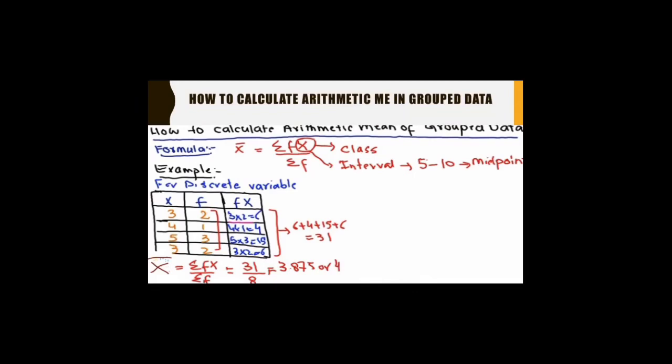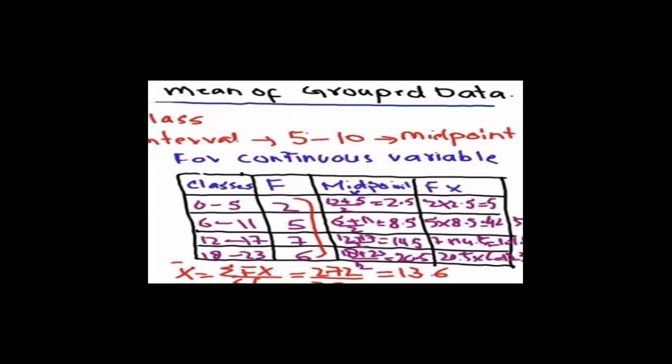Let us take an example. In this example, there are class intervals given as 0 to 5, 6 to 11, 12 to 17 and 18 to 23. Frequencies are given as 2, 5, 7 and 6.